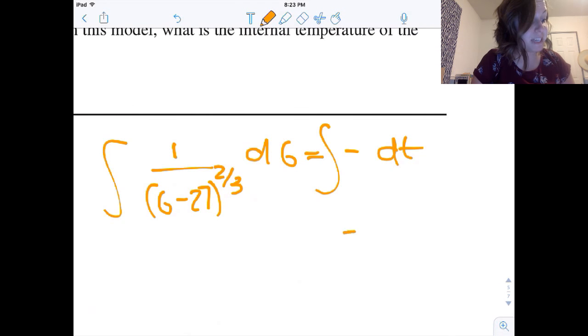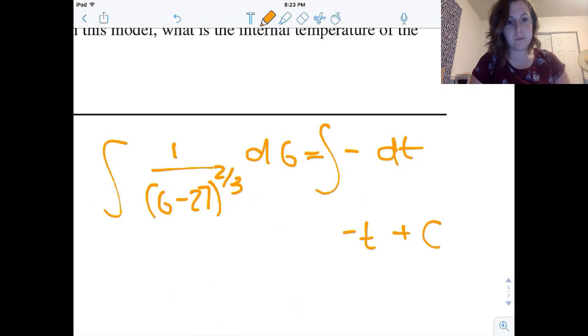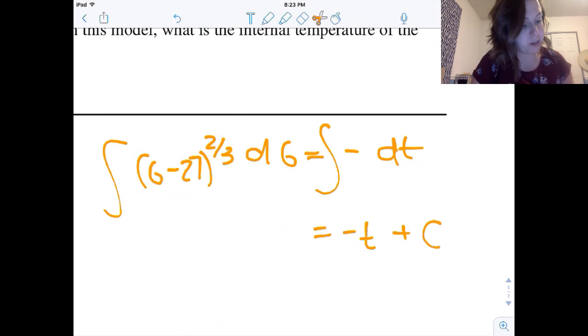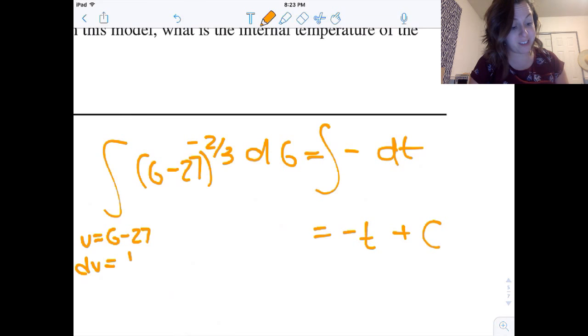The integral on the left side, so I need to think of this as being (g minus 27) to the negative 2/3. Okay? When we integrate that, think of your u as g minus 27. Your du, luckily, is just dg. So this is the integral of u to the negative 2/3 du. Go up a power.